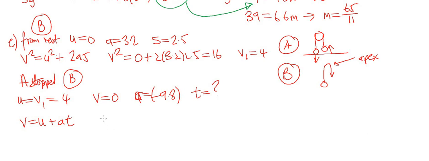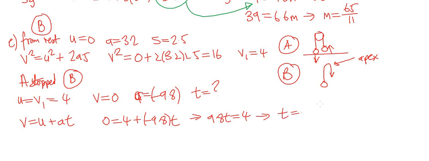So v equals 0, u is 4, plus minus 9.8t. So 9.8t equals 4. And therefore t equals 20 over 49.